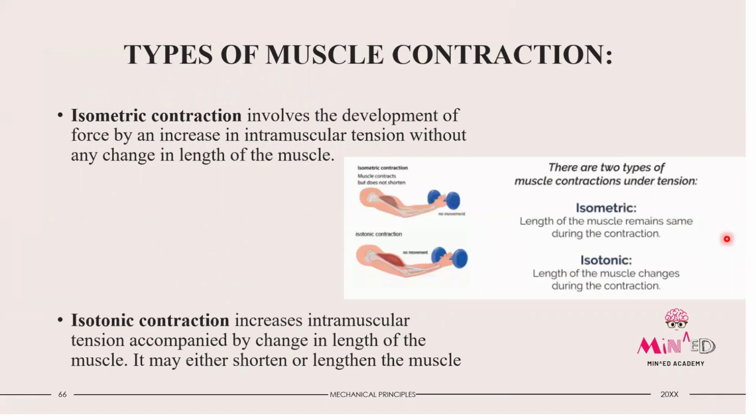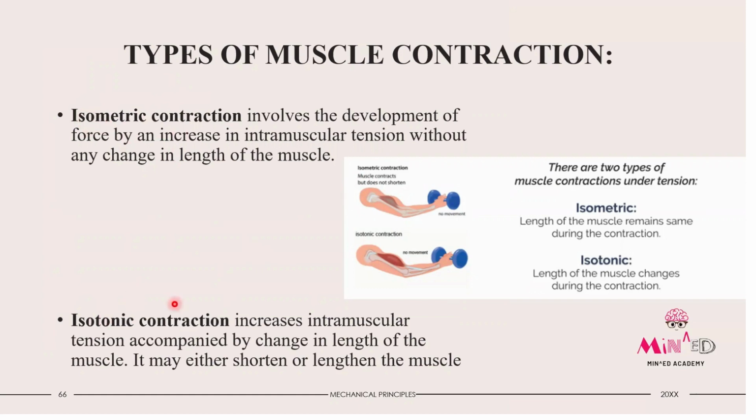According to the type of muscle contraction, there are two types: isometric and isotonic. In isometric, there is development of force by an increase in intramuscular tension without any change in the length of the muscle. Iso means no change, or static length. And in isotonic, the tone will be the same.